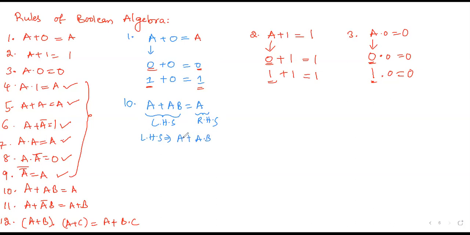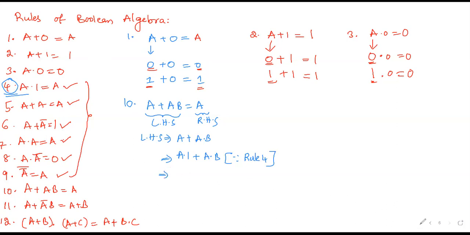From rule number 4, you can write A as A into 1, and this one is A into B. Rule number 4: A into 1 is equal to A.